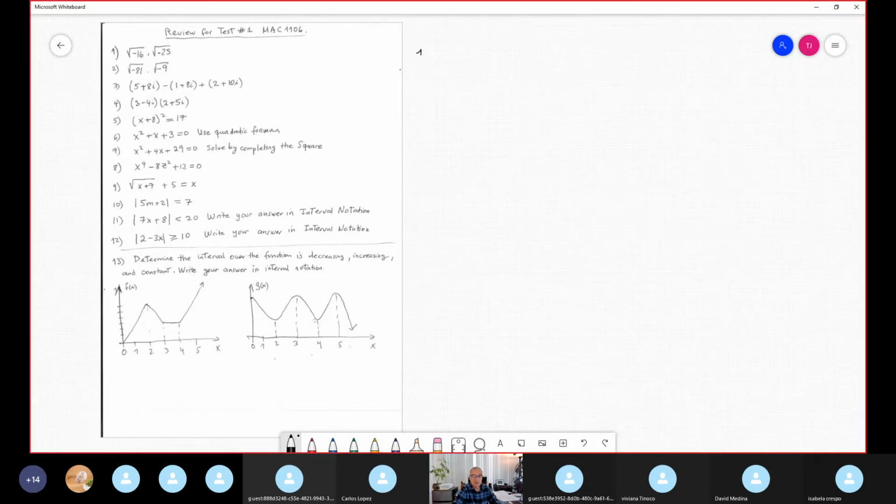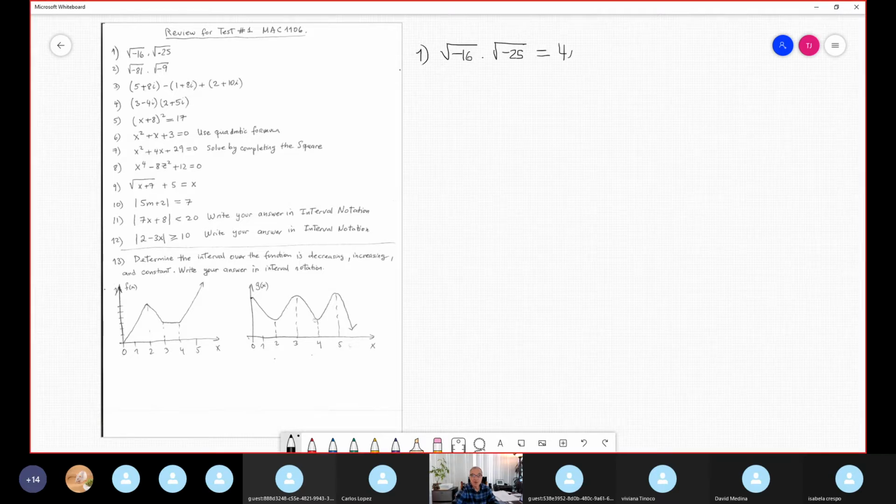Okay, question 1. Square root of negative 16 times square root of negative 25. Immediately you see a negative number inside the square root. I know very well, okay, this is imaginary. You compute the square root of positive 16, get 4, and you put i.